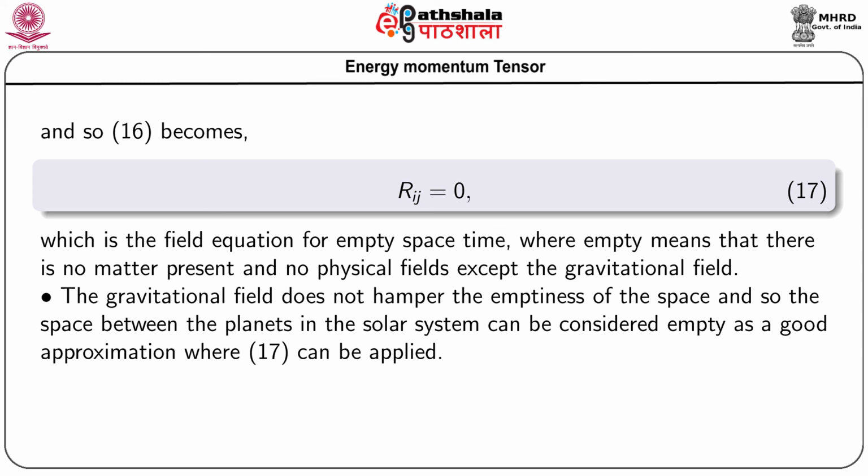The gravitational field does not hamper the emptiness of space, so the space between the planets in the solar system can be considered empty as a good approximation where 17 can be applied. For very large calculations, we consider the space in the solar system as empty space where only gravitational fields are present.